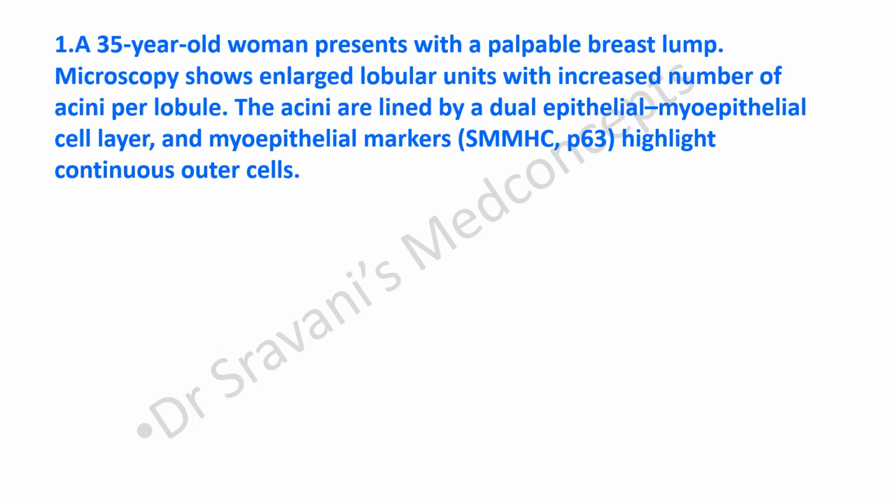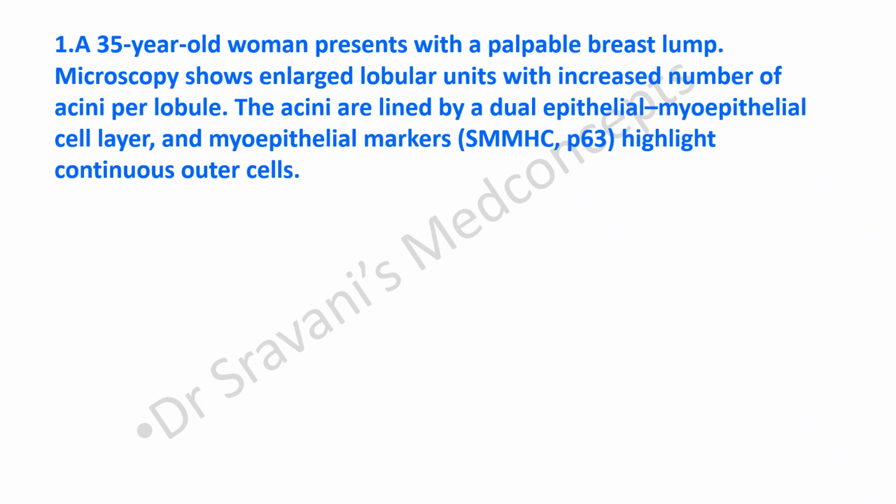So let us complete our discussion with a few practice questions. A 35-year-old woman presents with a palpable breast lump. Microscopy shows enlarged lobular units with increased number of acini per lobule. The acini are lined by a dual epithelial myoepithelial cell layer, and myoepithelial markers highlight continuous outer cells.